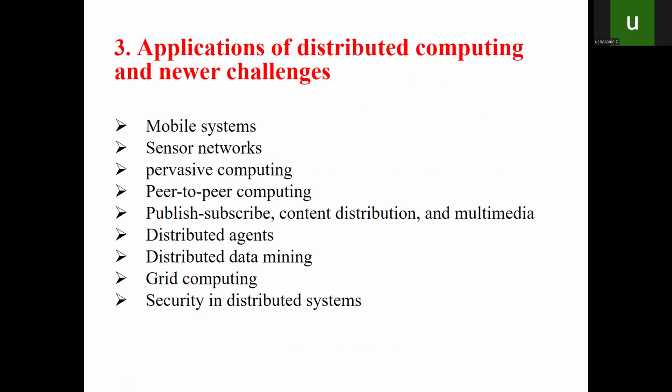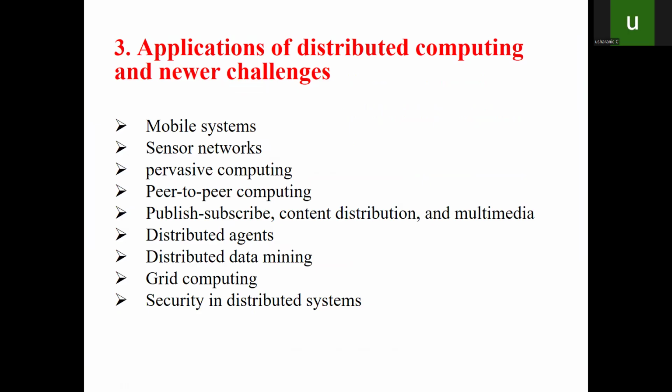And the last issue is applications of distributed computing and new challenges. These are some emerging challenges that can occur in distributed systems. Finally, it covers the new application domains that introduce some fresh design challenges.